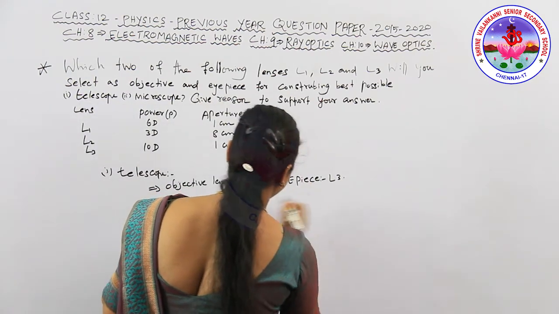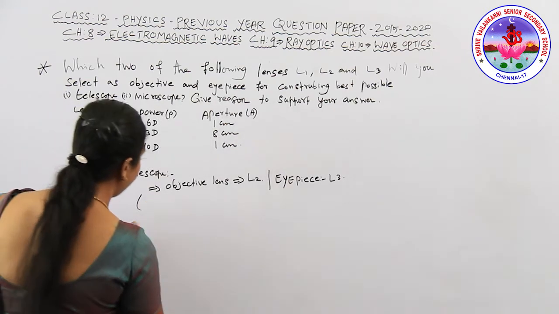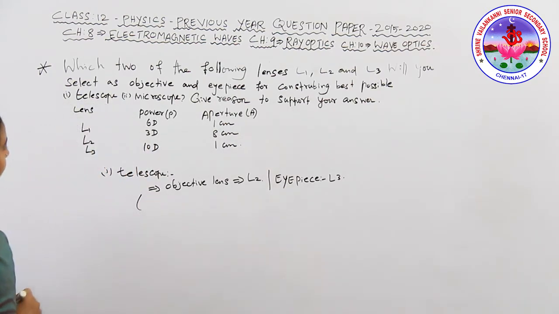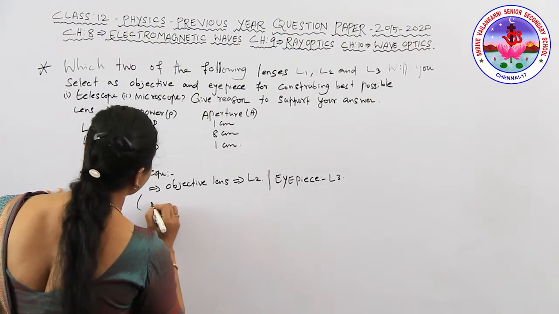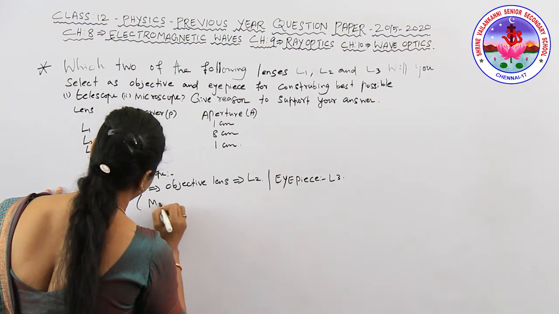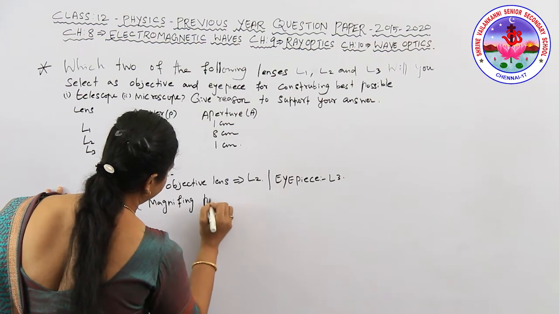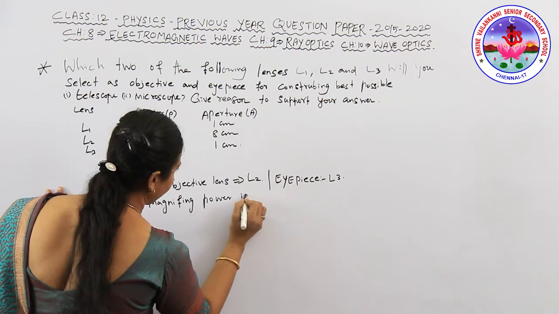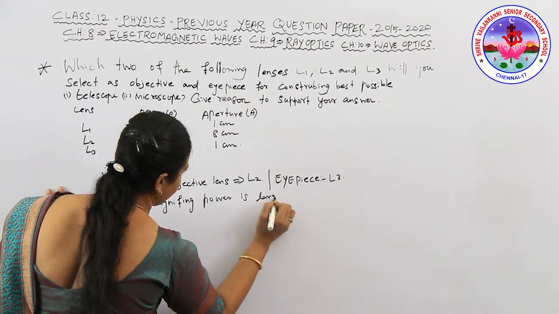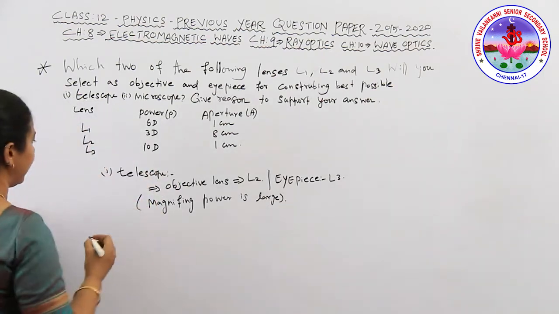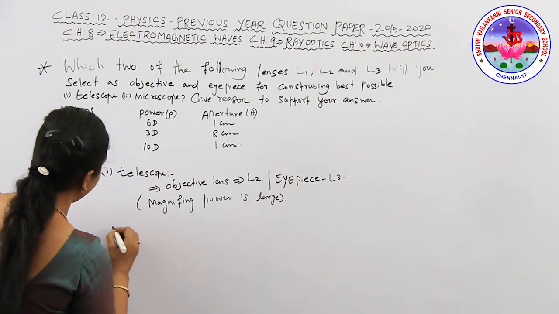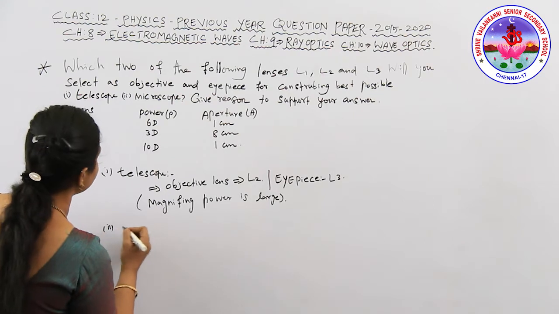Okay. So because of the magnifying power, we can say that the magnifying power is larger for that. So we have taken for the telescope the objective lens L2 and eyepiece L3.